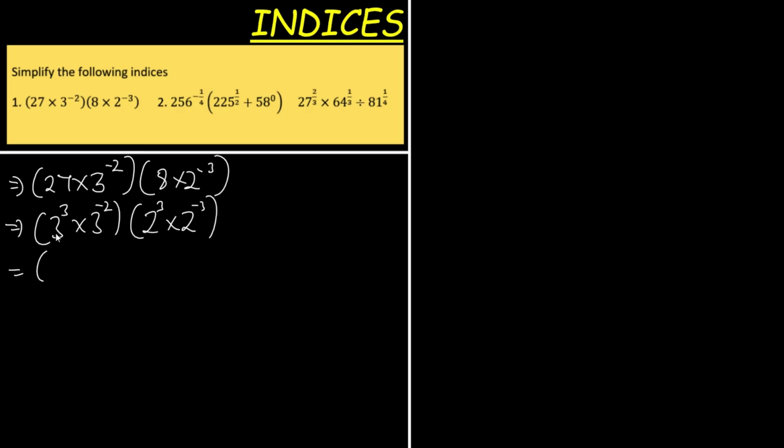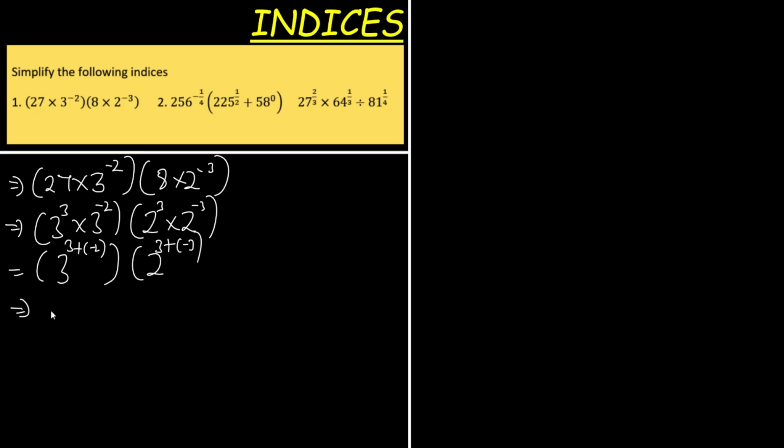So since this 3 and this 3 have the same base, we add the indices, this 3 and this negative 2. So we are going to choose one of the 3s: 3, and then we add 3 plus negative 2, then we close the bracket. Over here too, these two have the same base, so you choose one of them and then add the indices, 3 plus negative 3.